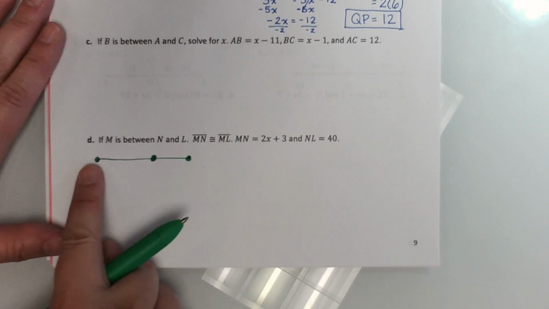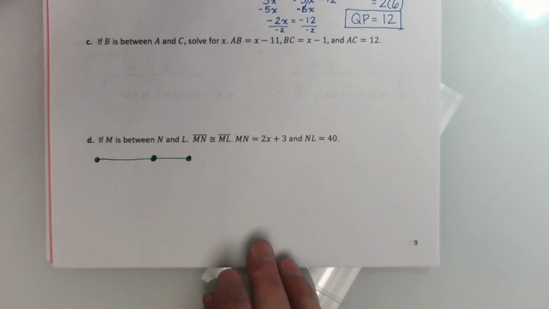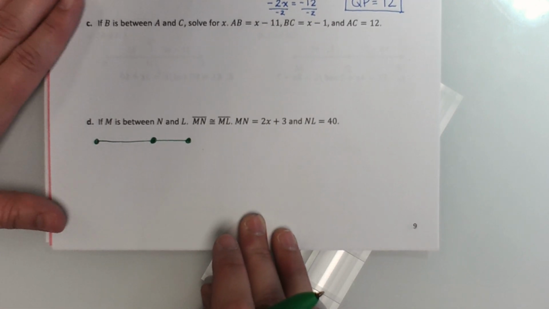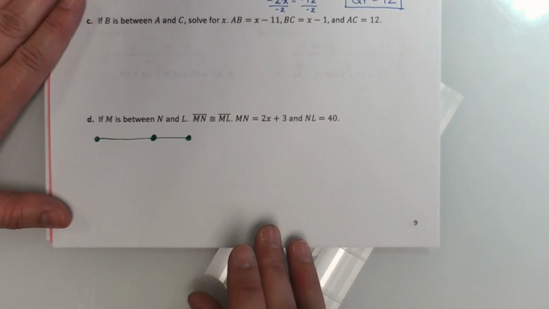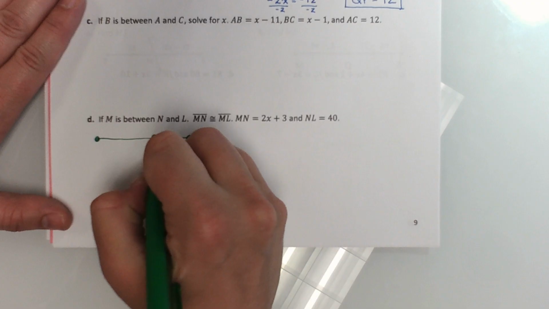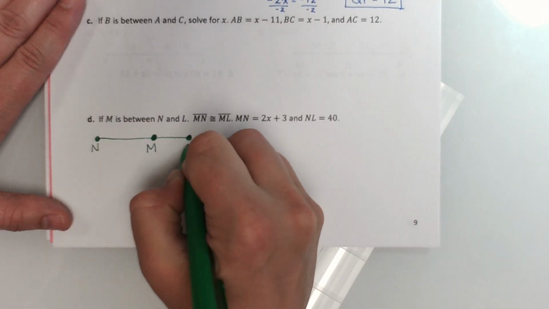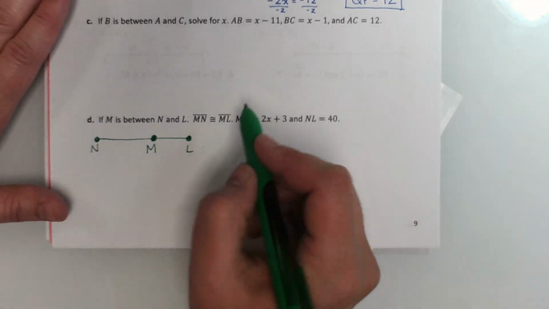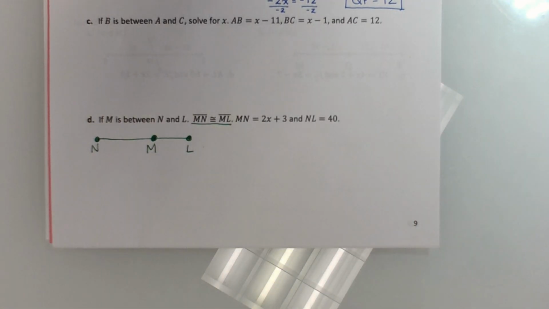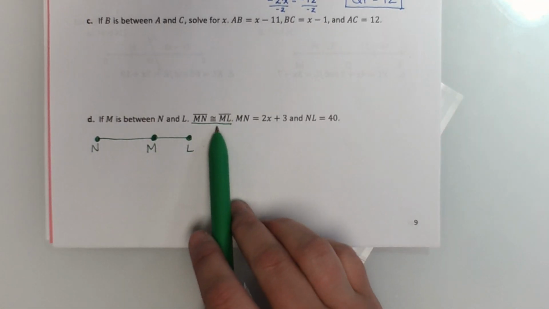Kate, am I picky about where any of these letters go? I'm picky about one of them. The M goes in the middle. You got it. That's N, that's L.